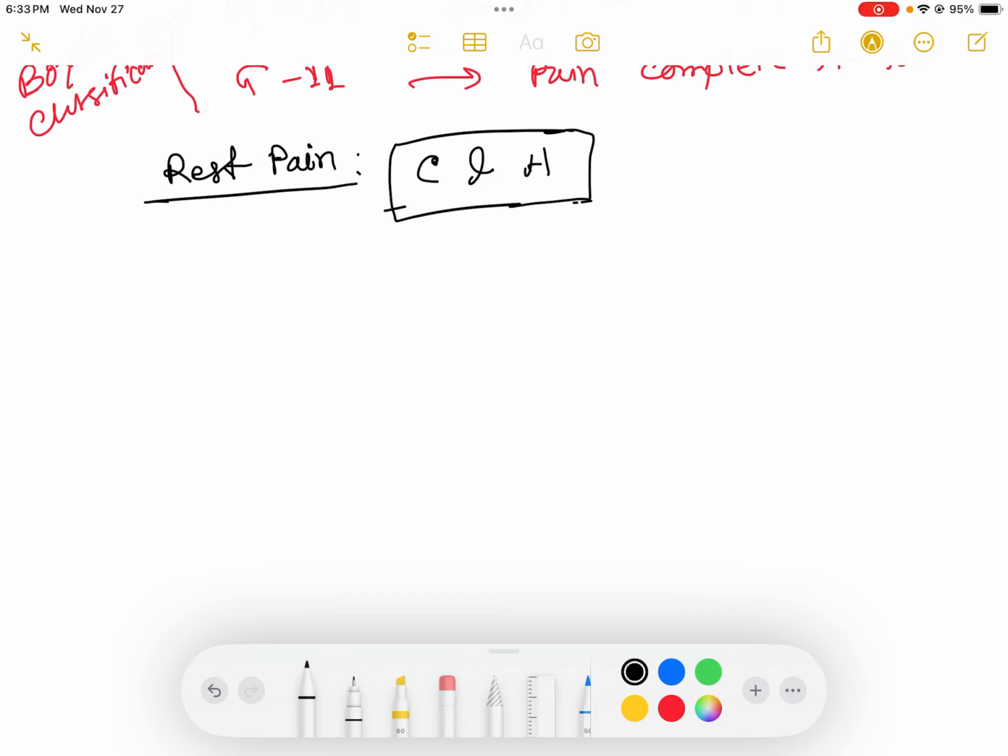The pain is worse at night, gets aggravated by elevation of the leg above the level of the heart, and is relieved by hanging the leg below the level of the heart. It usually affects the most distal part first, that means the tip of the toes.